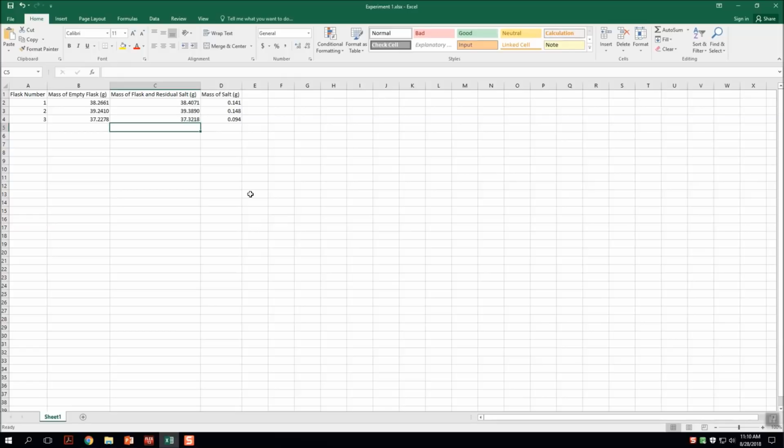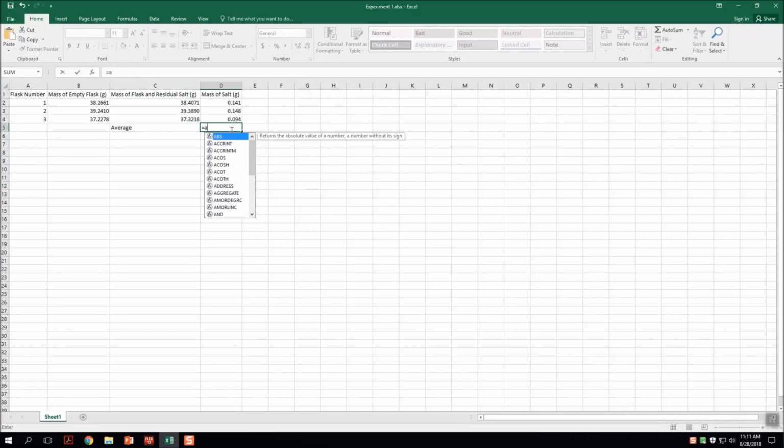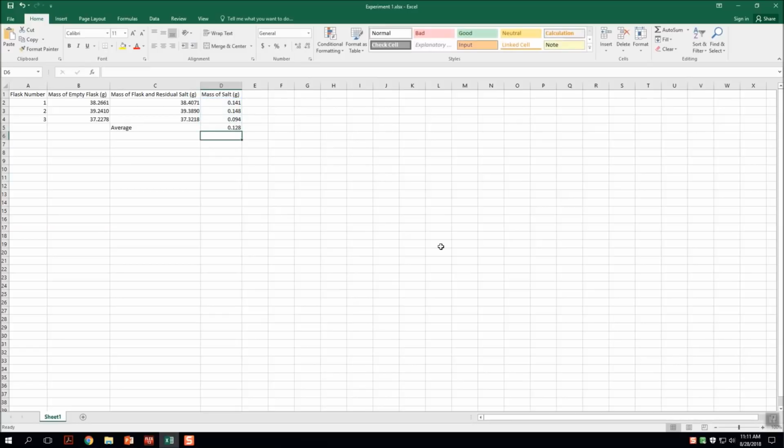In order to do that, you can either do it all at once or calculate the average separately. I'm going to calculate the average separately. So in order to average these numbers, I type equals average. Excel knows how to average numbers. Then I highlight the numbers that I want to calculate the average of and press enter. Excel gives me the average.